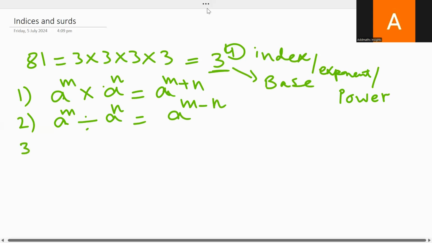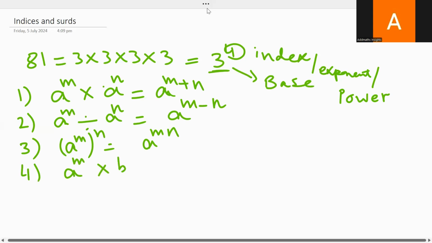Then we have the third law, which states that a^m raised to the power n is equal to a^(mn). It means we multiply these two indices. The fourth law states that if indices are the same and bases are different, then you multiply the bases and express with a common index.